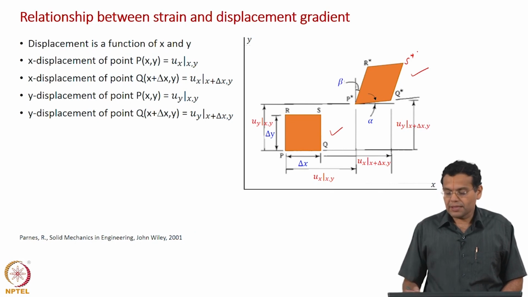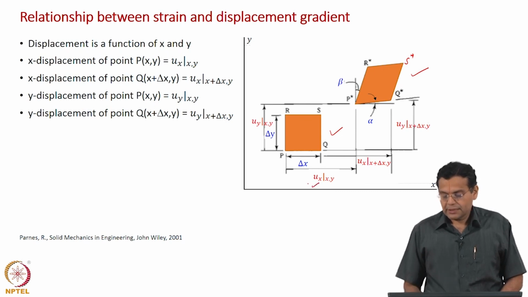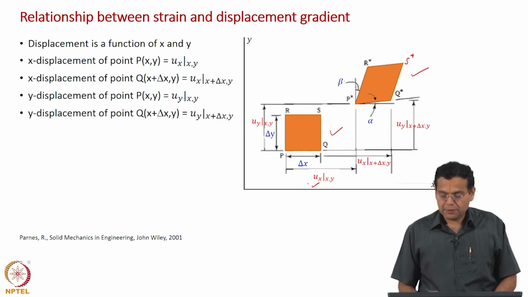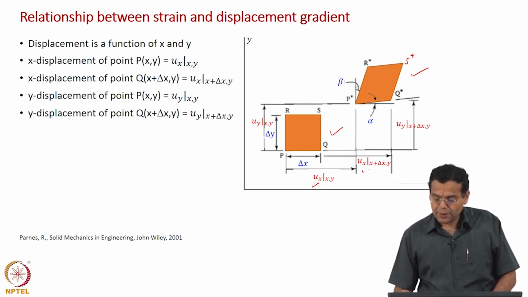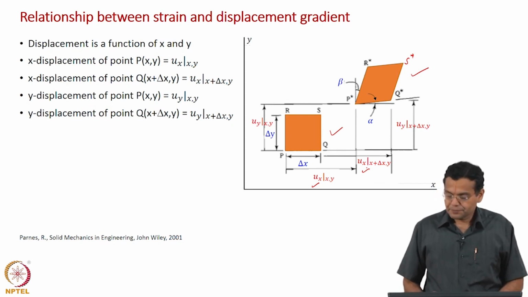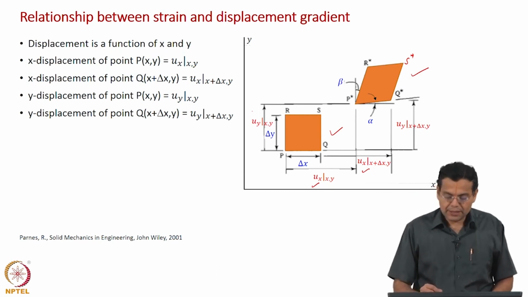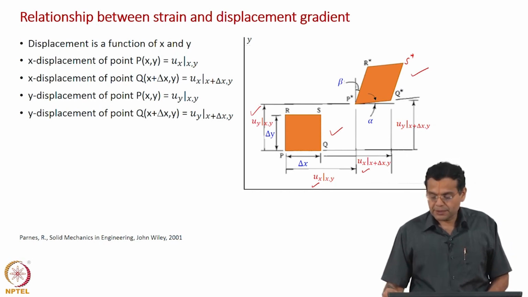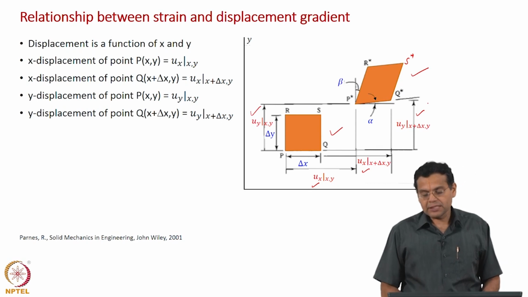And we also noted the displacements of all the points. For example, Ux at x comma y is a displacement of P, x displacement of P, and Ux at x plus delta x comma y is a x displacement of Q, and Uy at x comma y is a y displacement of P, Uy at x plus delta x comma y is a y displacement of Q.